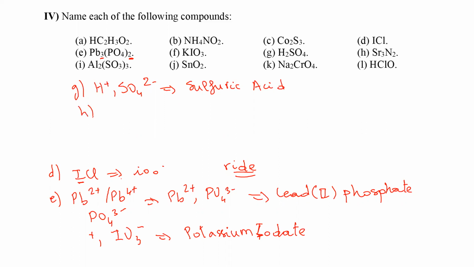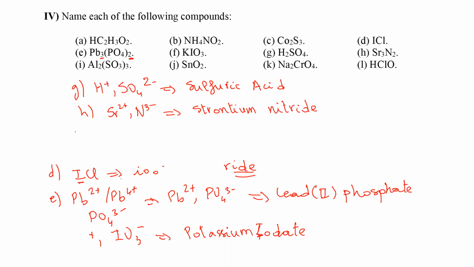For H, it's based on strontium 2 plus and nitride, N 3 minus. Strontium has only one oxidation state that is possible. So it's going to be strontium. We don't need to specify the charge. Strontium nitride.